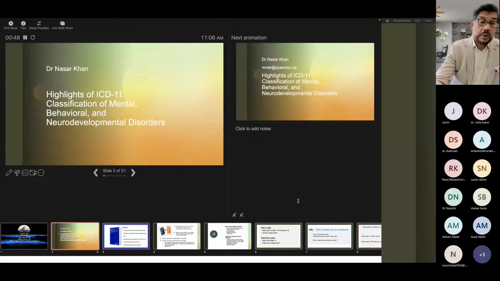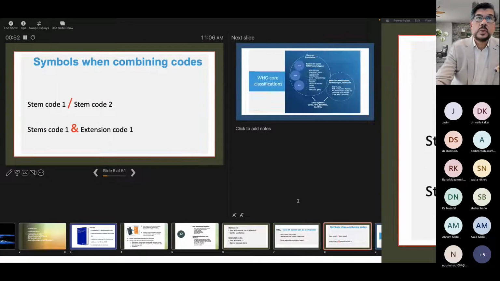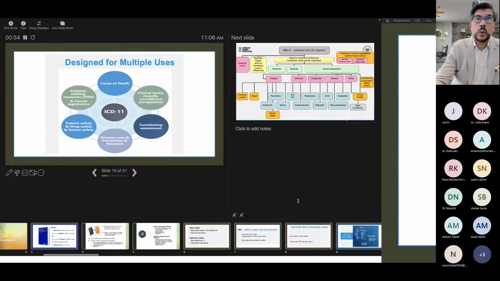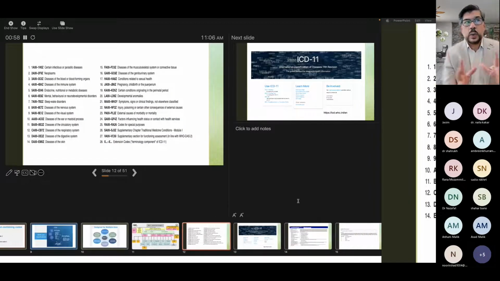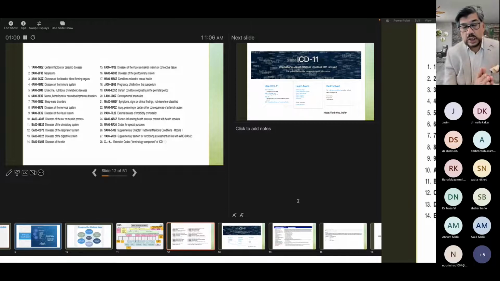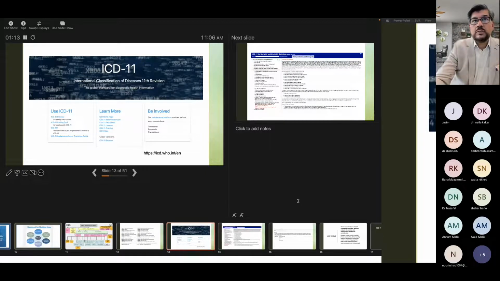The most important part was that we have to use the coding system, which is made in a way that mental, behavioral and neurodevelopmental disorders are labeled from 6A00 to 6E8Z.